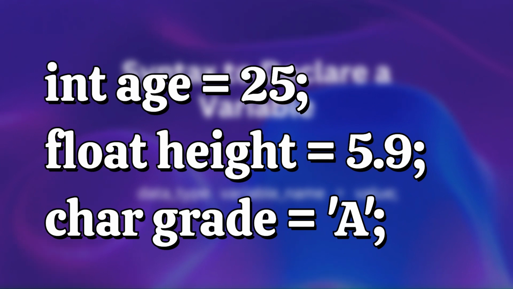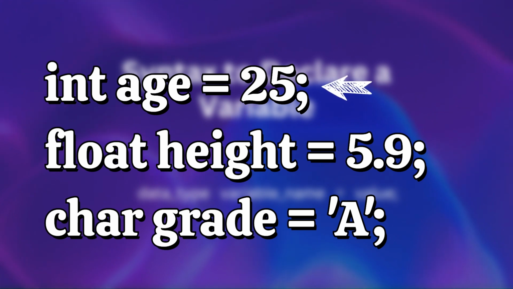Like, if you want to store their age, it is in integer form. We declare first int, that is integer, and we give the name for that variable, age, then the equal to sign, 25. So that person's age, 25, is stored in the age variable.